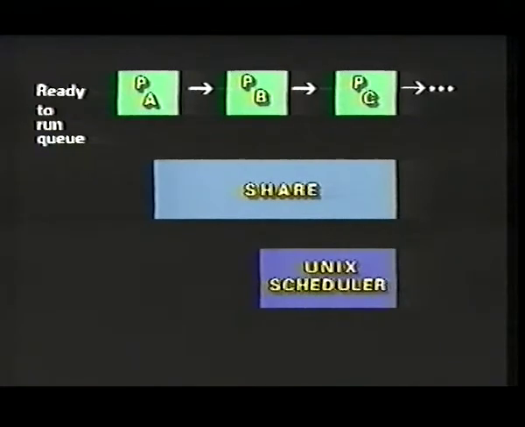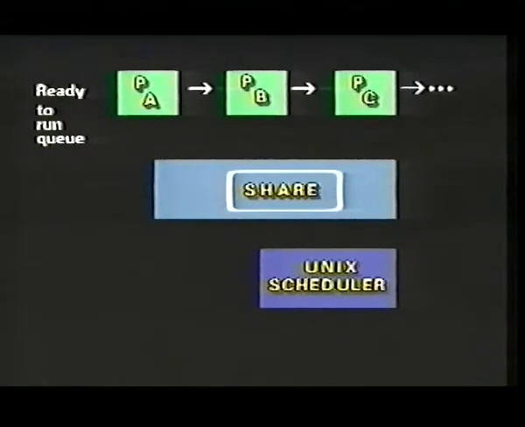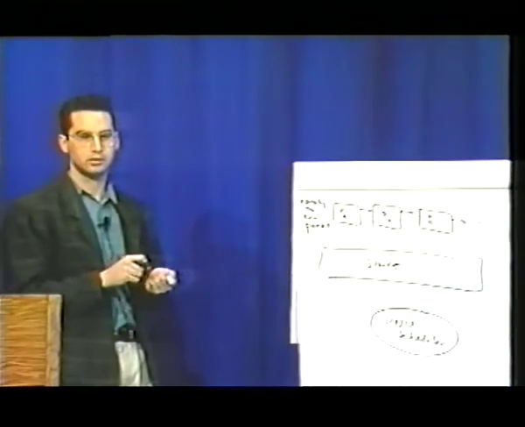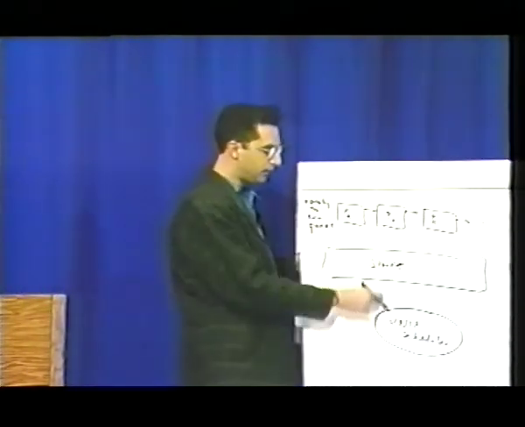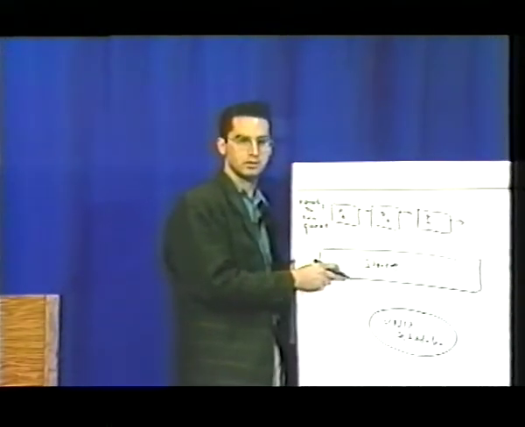And down here you have the Unix scheduler, and that's the same scheduler that's on every machine. That's the base scheduler. Share sits in the middle right here, and what share does is it adjusts process priorities. So it's really invisible. The Unix scheduler doesn't even know that the share scheduler exists.